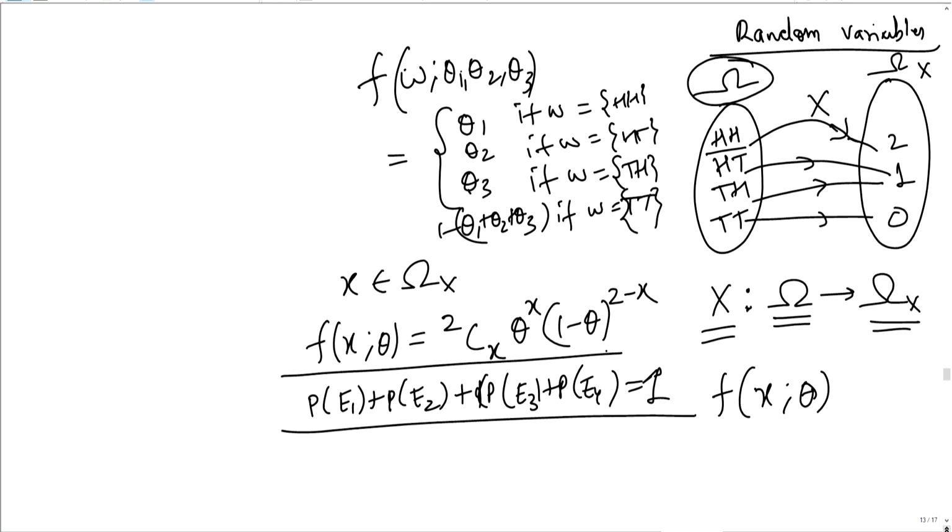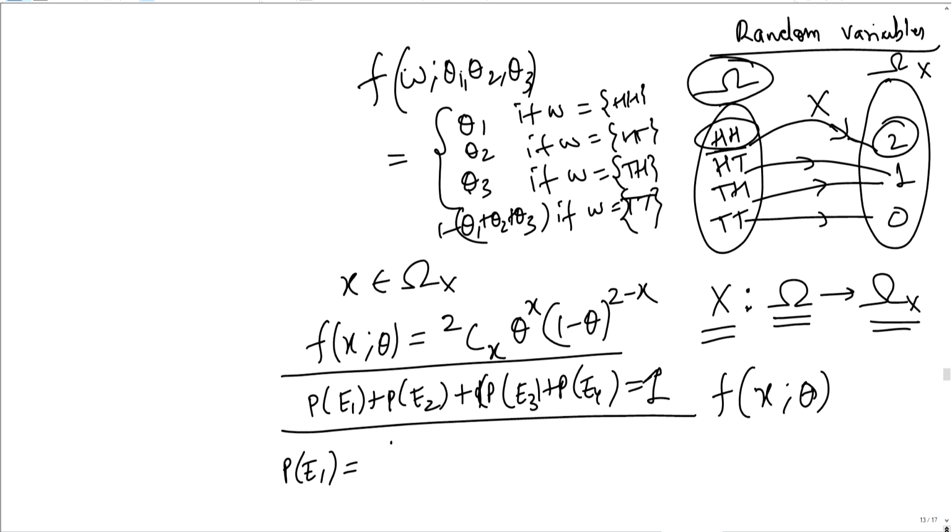So, based on this function, what is probability of E1? E1 is an elementary event containing HH. So, what is probability of HH based on this function? HH corresponds to outcome 2. Basically, the value of x is 2 here.